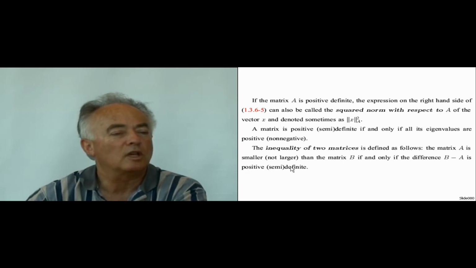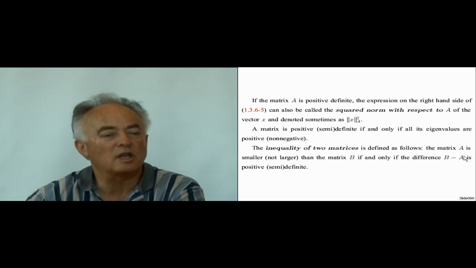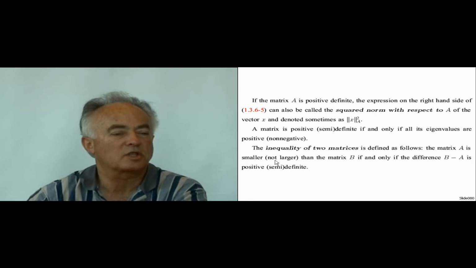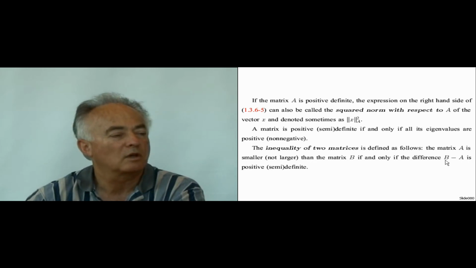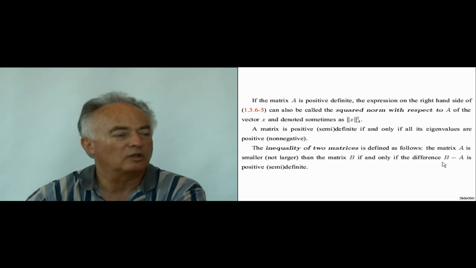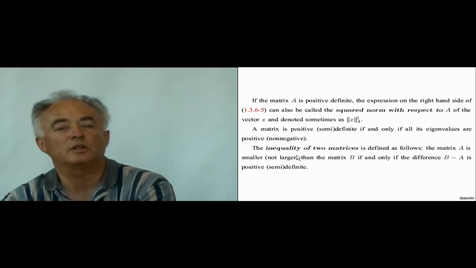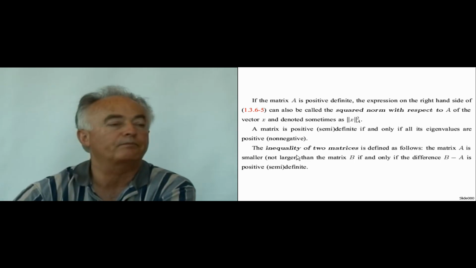So B larger than A means B minus A positive definite, or if it is positive semi-definite, it means it is not smaller. The same, A is the same or smaller. So this is how we define inequalities between matrices.